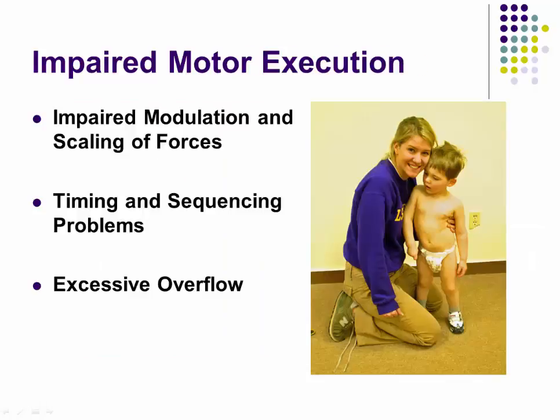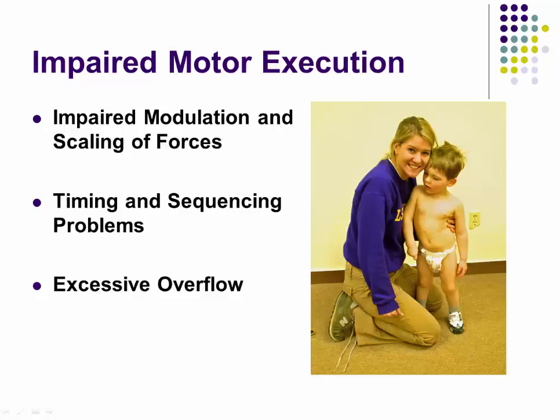Children who have mild to more moderate cerebral palsy are going to have difficulty with impaired motor execution. With impaired modulation, the child can't produce the appropriate amount of force and tension that they need for accuracy. So when a child reaches for an object, they may overshoot or undershoot it. Or when they're standing up to walk, they have difficulty accelerating and decelerating.